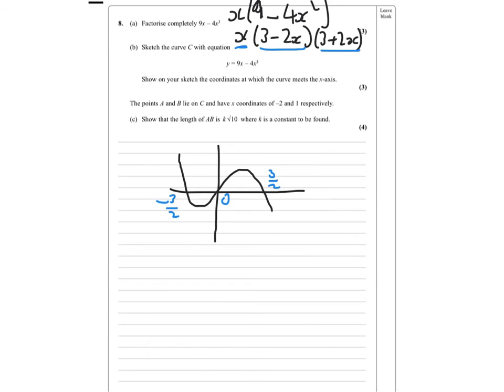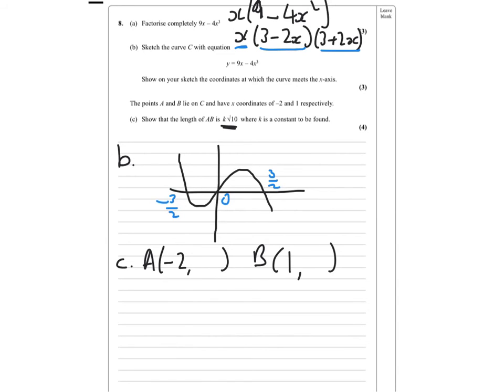Alright, pretty straightforward again. Now, that was part B, part C. In order to find the distance between those 2 points, where A and B lie on C, you've got to show the length AB is k root 10. Now, A is minus 2 something, and B is 1 something.